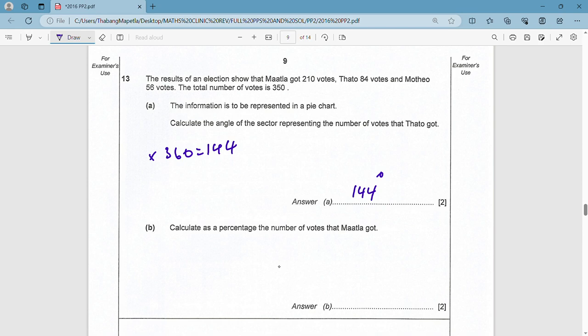So it's going to be that of Tato, which is 84 over the total votes, 350. 84 divided by 350, times 360, so it's going to be 86.4.